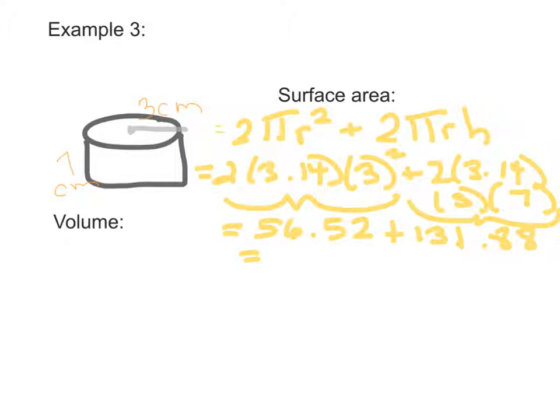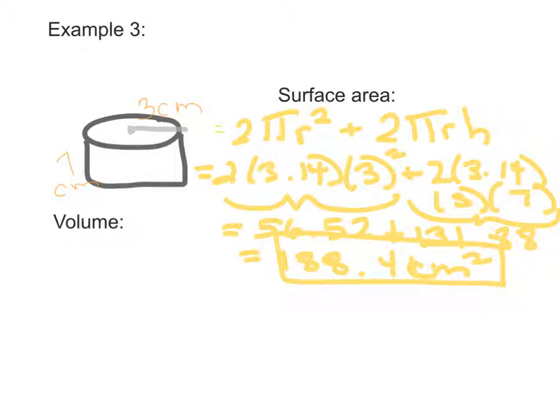When I add those two numbers up, 56.52 plus 131.88, we get a total surface area of 188.4 square centimeters. I almost wrote down the wrong unit of measurement. 188.4 square centimeters.